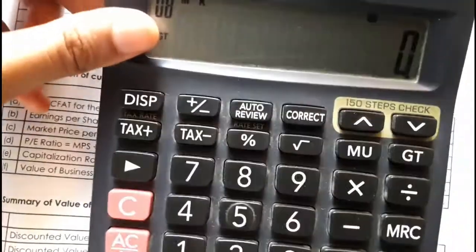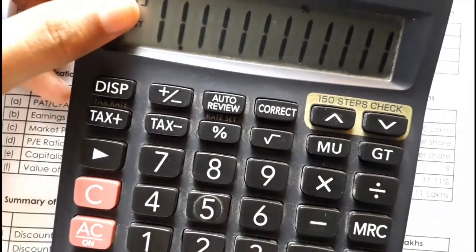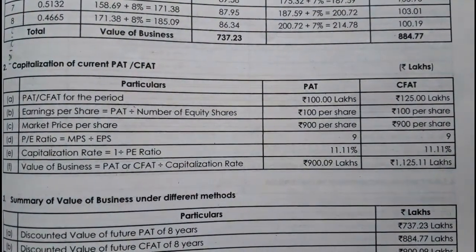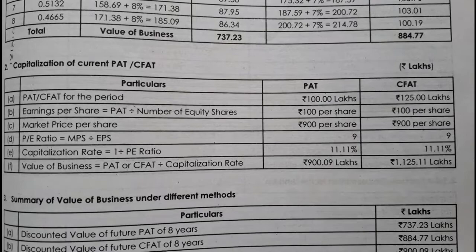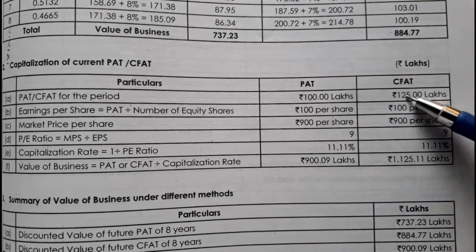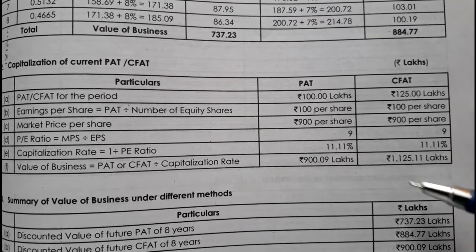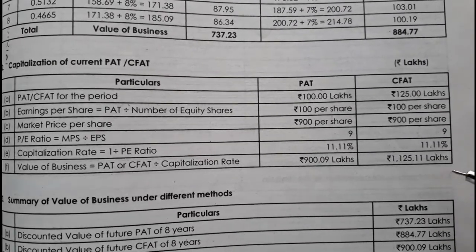So capitalization rate would be 1 divided by P/E ratio, 1 divided by 9, that is 11.11 percent. Now this profit after tax would be capitalized: 125 divided by 11.11 percent would give 1125.11 lakhs.